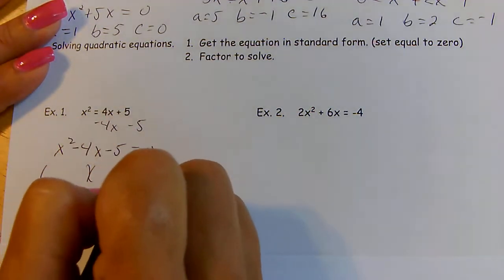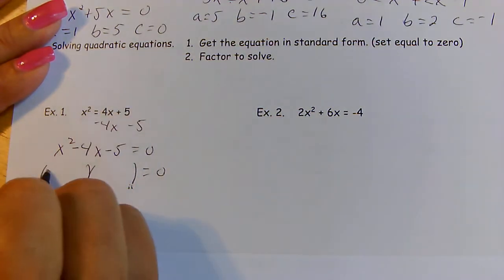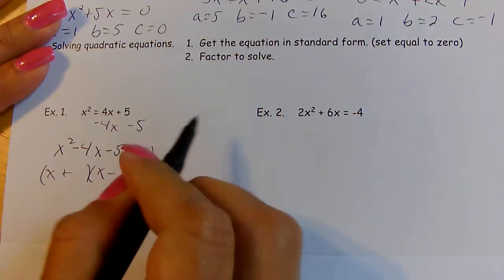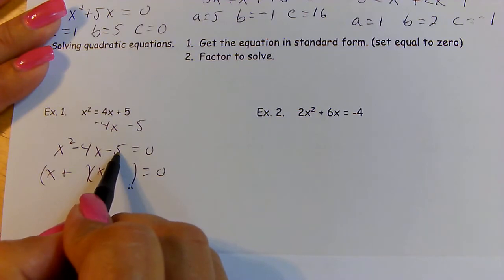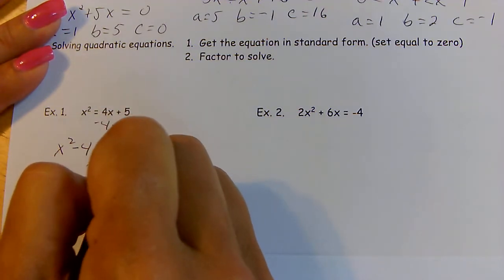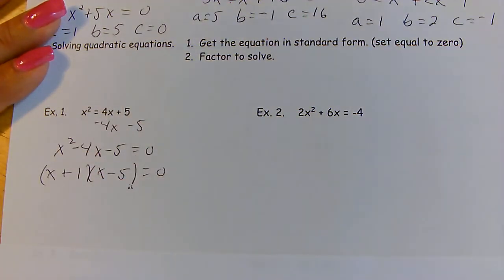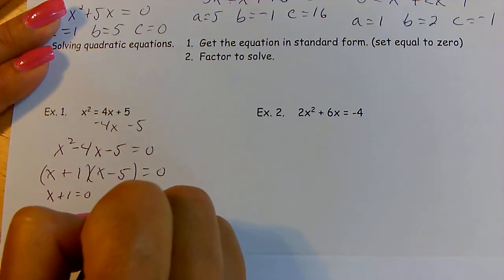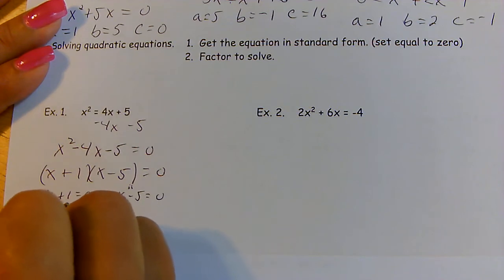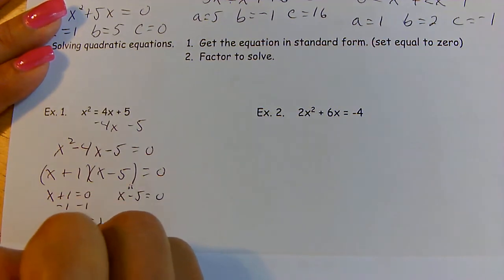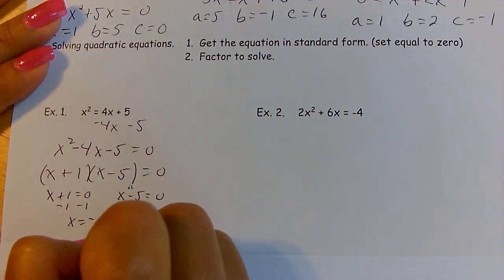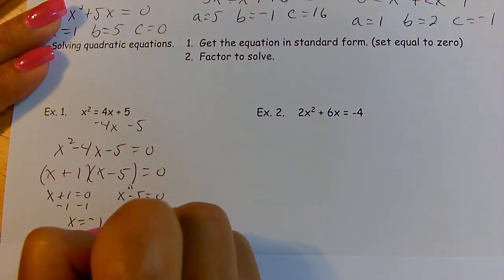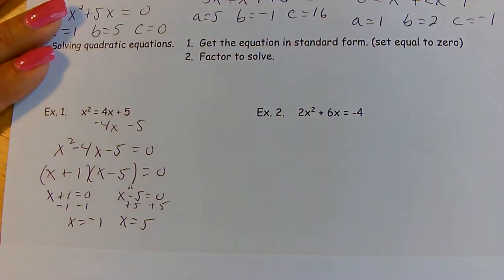Go to factor, two numbers, one of each sign. Two numbers that multiply to 5 that combine to negative 4. So the 5 has to be negative and 1. Set them equal to 0 to solve. Negative 1 and positive 5 are my solutions.